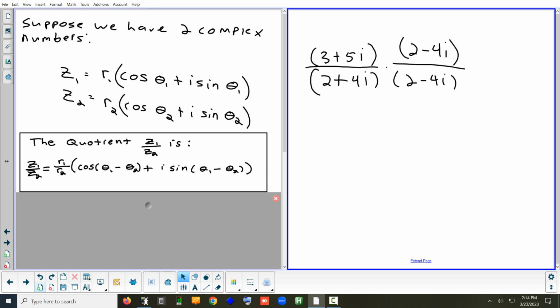Now you're going to do all that out. The bottom's going to come out to 20, so we can use a trick for that: 2 squared plus 4 squared. But we still got to FOIL everything in the top. We got to deal with the i squared, combine like terms, and split it into real and imaginary. This is going to take the place of all that.